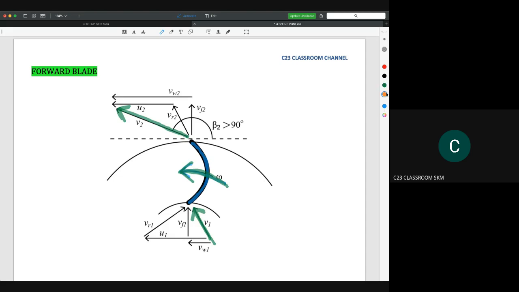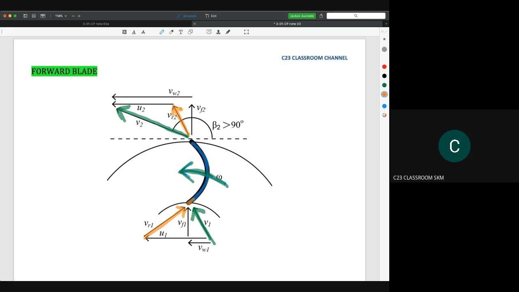Now you can draw the component velocities. Usually we draw the component velocities that reflect the shape of the blade and the rotational speed of the impeller. Because the shape is like this, we can draw the velocity components relative to the shape of the blade, like this for inlet and like this for outlet.